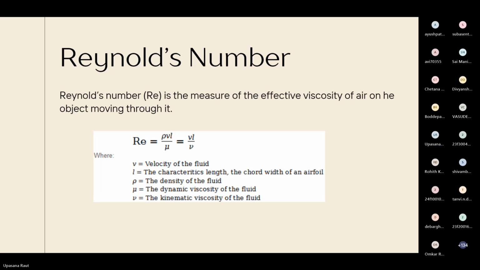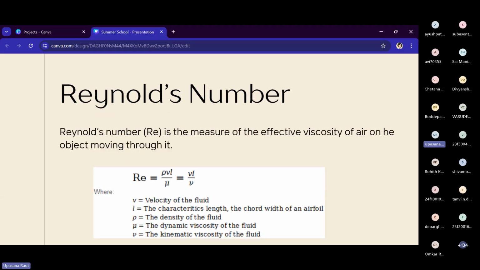And the kinematic viscosity of fluid is similar to dynamic viscosity, but it is the resistance felt by the fluid when it's flowing under an external force like gravitation. So you can say the dynamic viscosity is the internal resistance of the fluid, and the kinematic viscosity is the resistance felt by the fluid when it's flowing under an external force. So any questions?